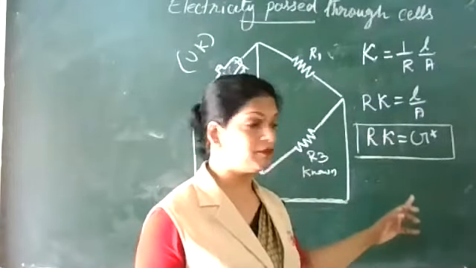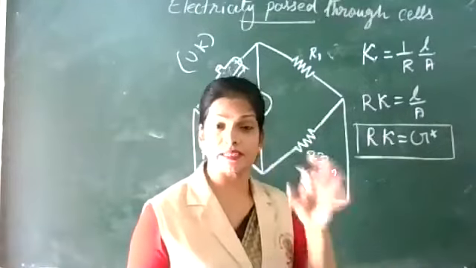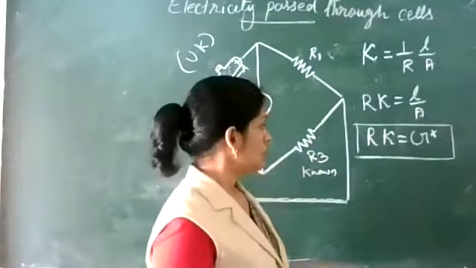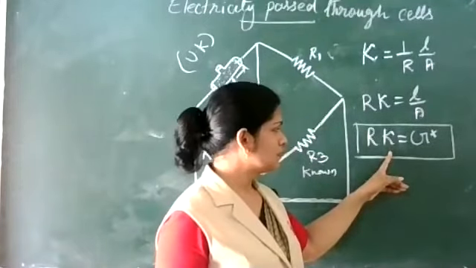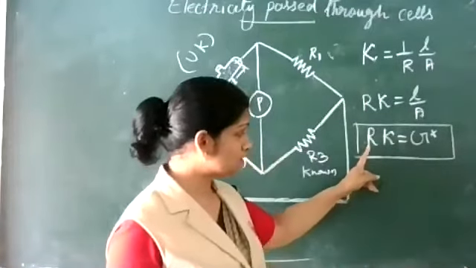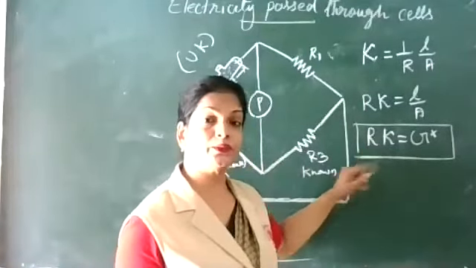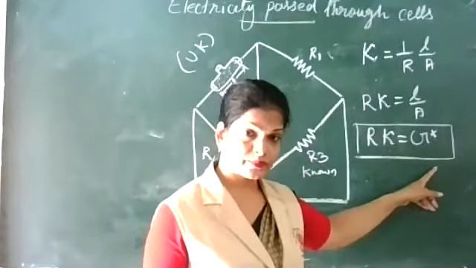You will substitute that kappa over here, and that solution's resistance you will find out using these two steps. Then you can find out G star.